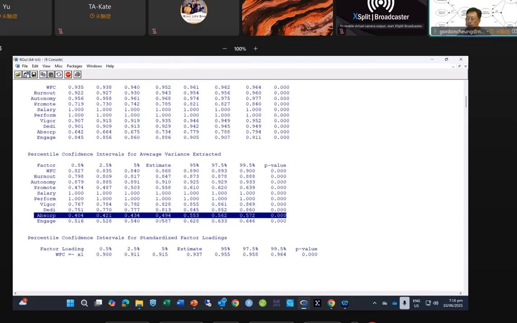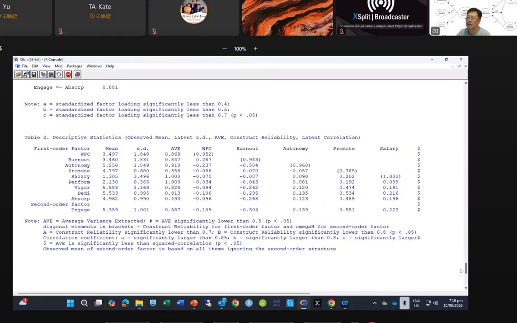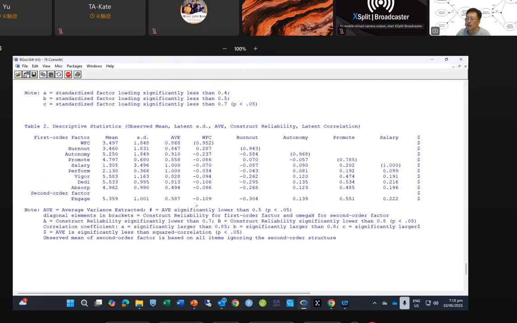It is 0.494, but the confidence interval indicates that the upper limit is 0.553, so it is not significantly lower than 0.5. Therefore, you don't see the pound sign. Though it is lower than 0.5, when we look at the confidence interval, it is not significantly lower than 0.5. Therefore, you do not consider it as a problem. Have I answered your question, Willa?